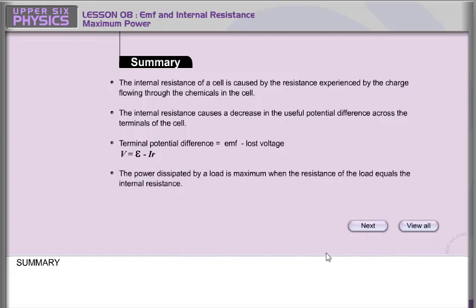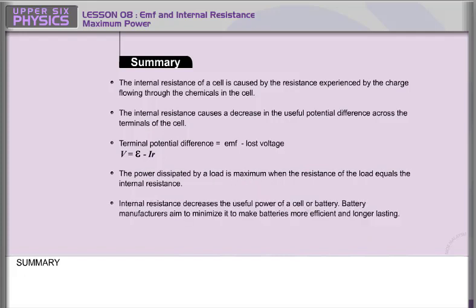Right? So the power dissipated by a load is maximum when the resistance of the load, the big R, is equivalent to the internal resistance, small r. Remember, the big R equivalent to the small r. That's when you get the maximum power dissipated by the load. Internal resistance decreases the useful power of a cell.